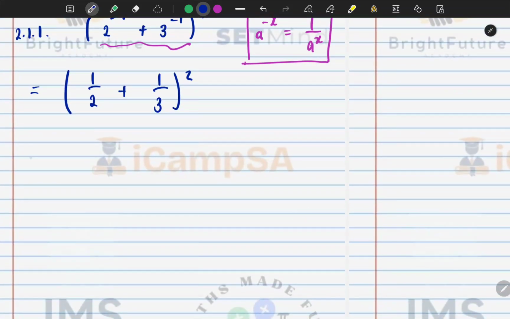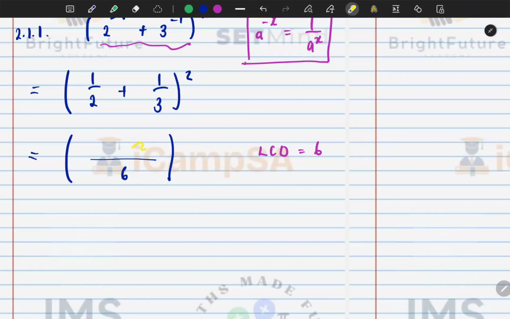And then from here, we are going to try and find the lowest common denominator. So the LCD here is going to be 6. How many times does 2 go into 6?